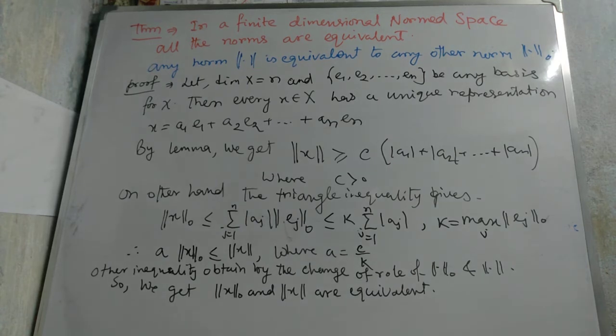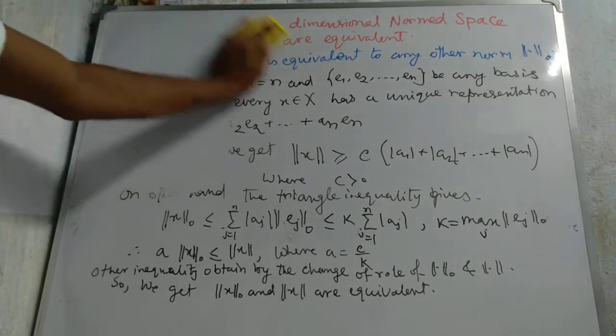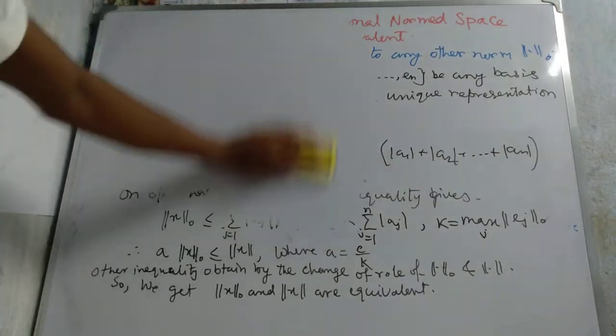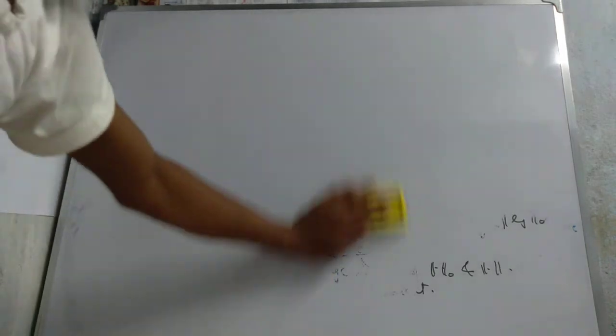Now we are going to prove one example of this problem. We now proceed with one example. Let X be a normed linear space.